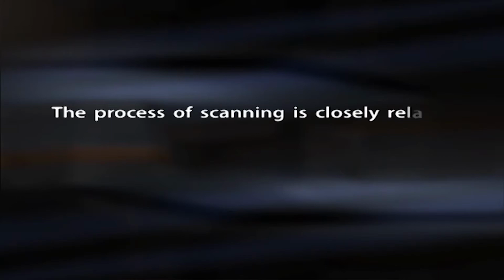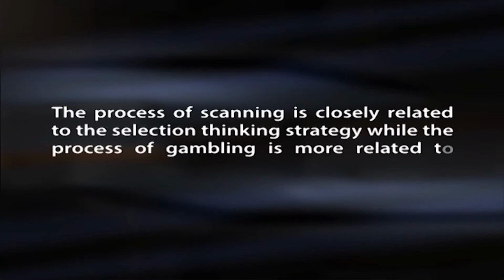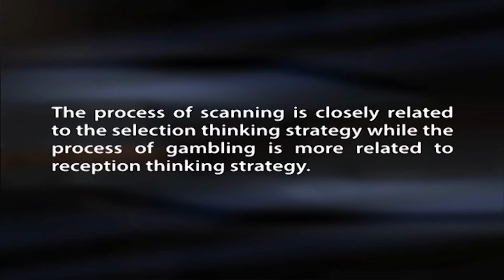In conservative focusing, a single attribute is taken and it is tested with each item before the second attribute is taken. The process of scanning is closely related to the selection thinking strategy, while the process of gambling is more related to reception thinking strategy.